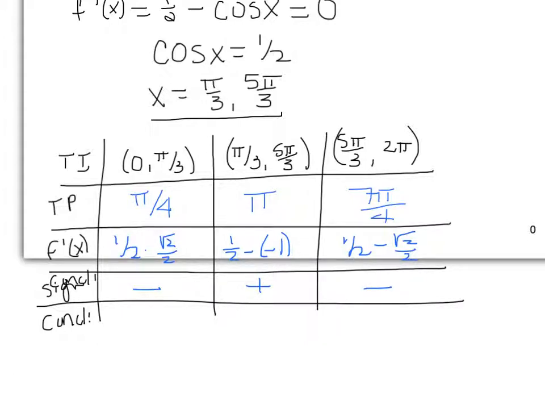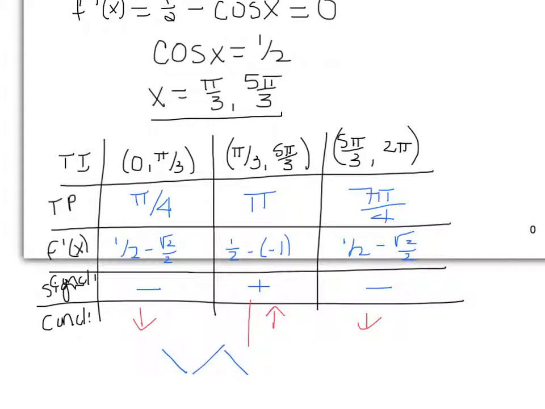So what I notice now is that I'm going from a negative slope to a positive slope, so I'm going to be decreasing, then increasing, and then decreasing again.